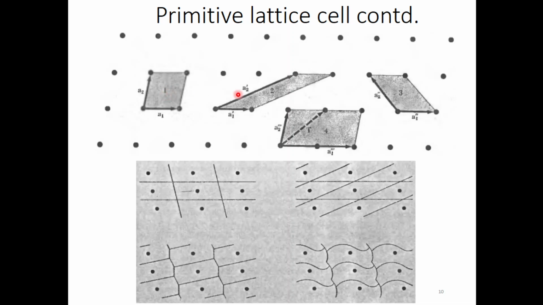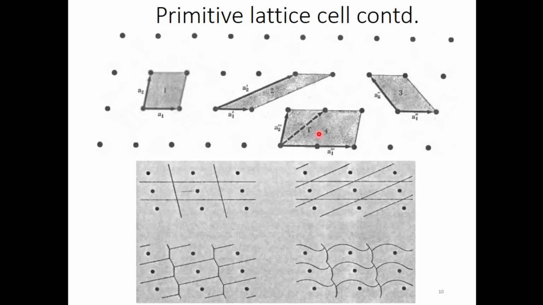Okay, so similar interpretation could be made for unit cell number 2, and similar could be made with unit cell number 3, right? But as far as unit cell number 4 is concerned, we have 2 points per unit cell in here.